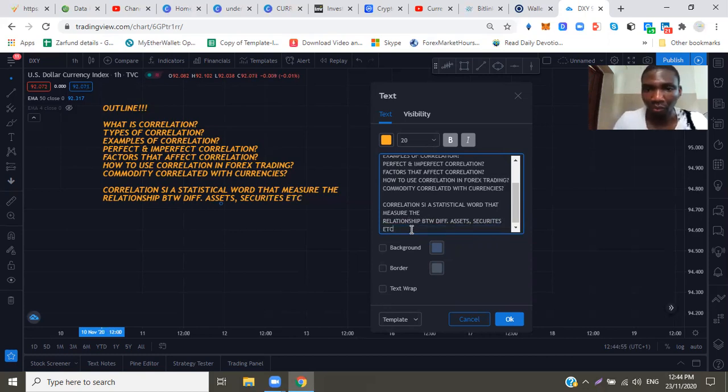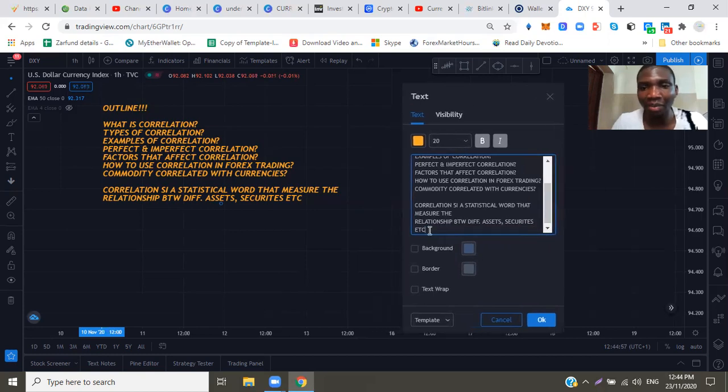Now there are different types of correlation. When we talk about correlation, we are measuring a relationship between different assets. Are these assets working together or are they working opposite each other?